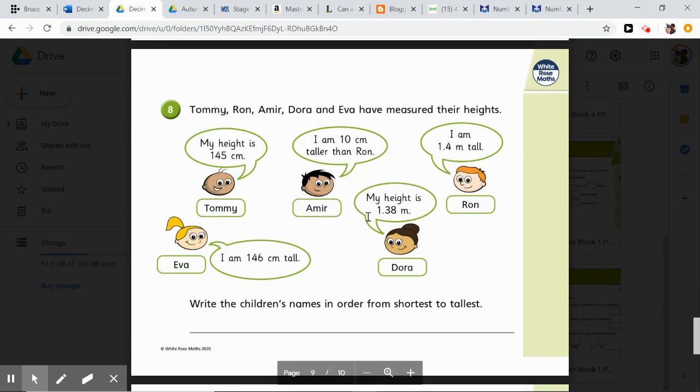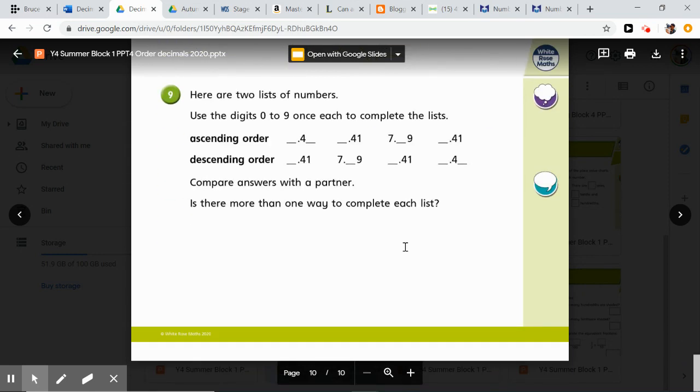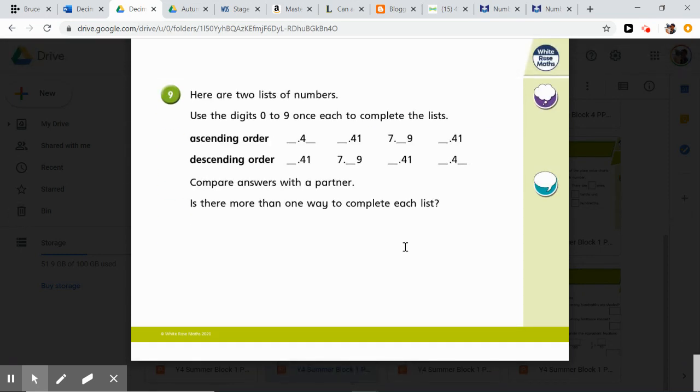Challenge 3 is a tricky one. I've not managed to solve it yet. So if we go down, this is challenge 3. So you've got a list of numbers here and a list of numbers here. So all these numbers need to go in ascending order, and these numbers need to go in descending order.